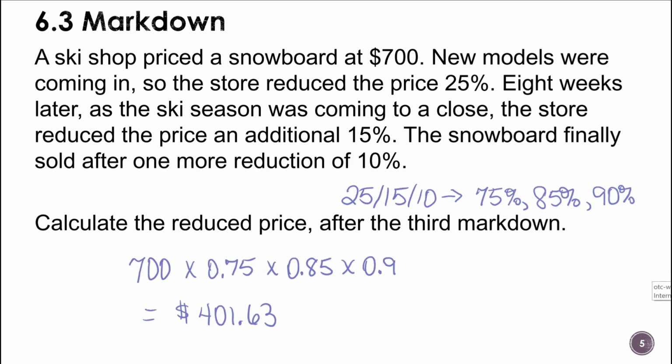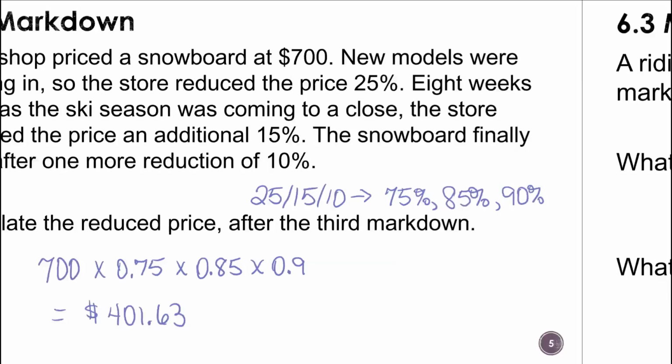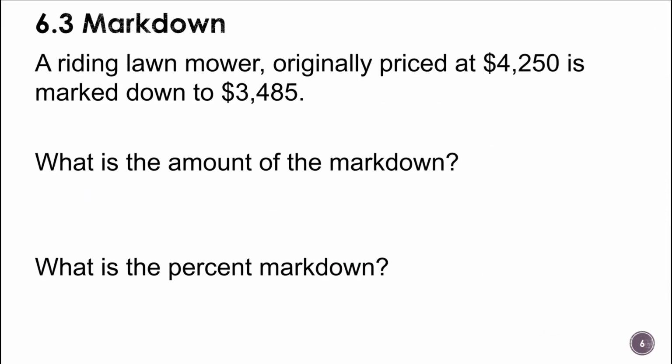Everybody likes a bargain, right? I certainly do. Okay, a riding lawnmower originally priced at $4,250 is marked down to $3,485. What is the amount of the markdown? So we take $4,250 and subtract $3,485. So the amount of the markdown is $765.